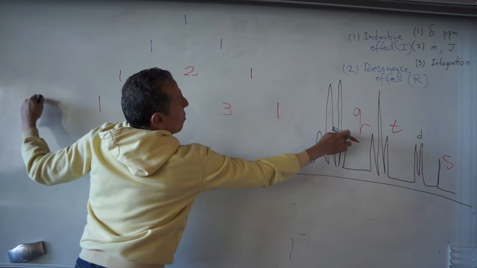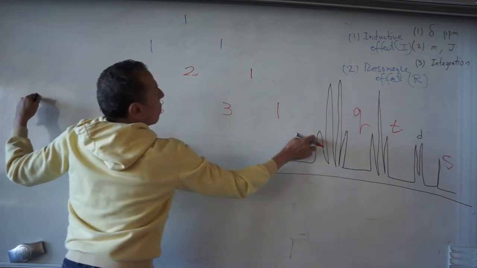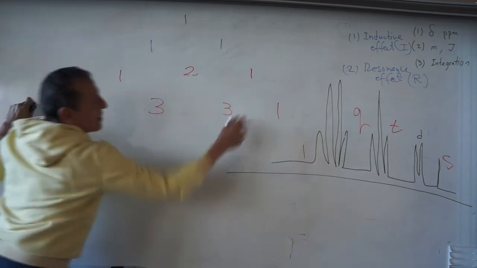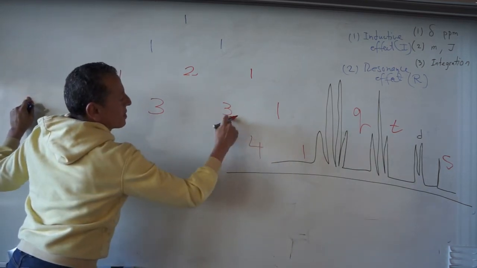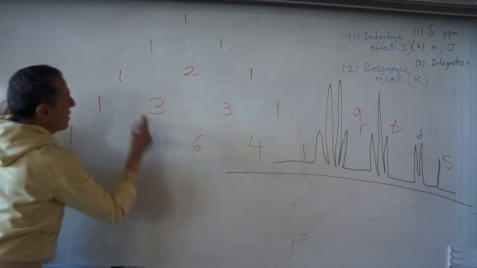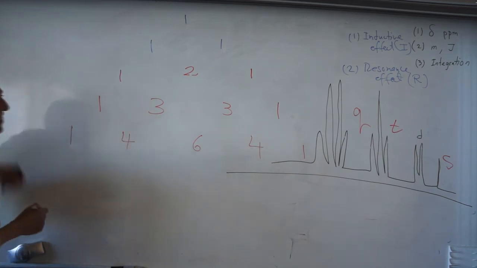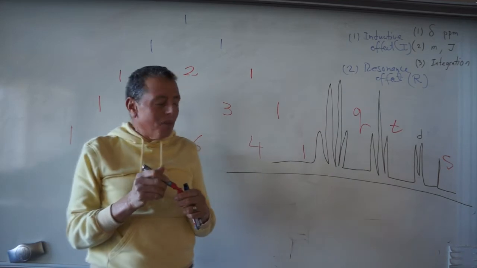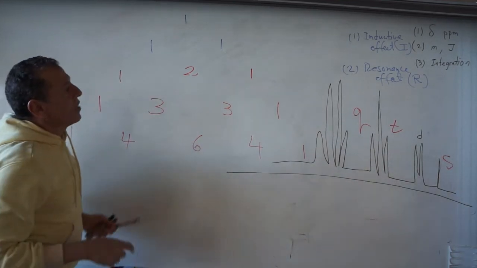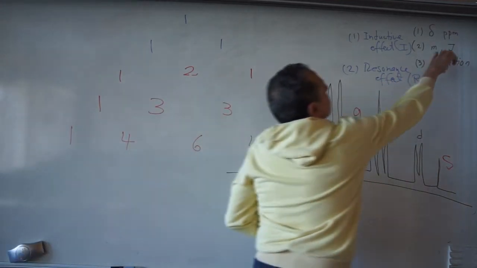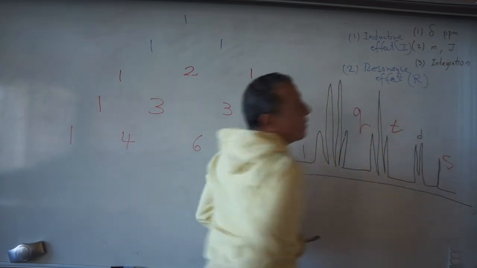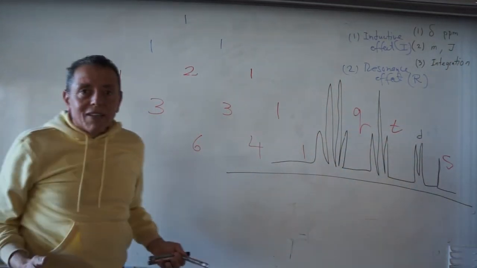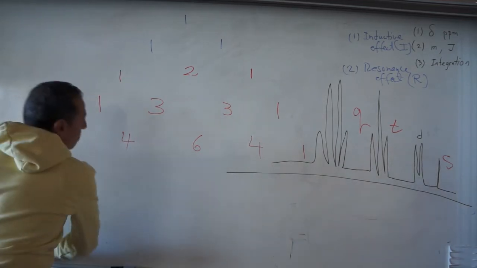That's why you can see the intensity 1, 3, 3, 1. Next, again 1 and 1. And here will be 1 plus 3, 4. 3 plus 3, 6. 3 plus 1, 4, etc. I think you agree with me that you love the NMR. And this is the second factor, which we call multiplicity. So the multiplicity, why do you need it?